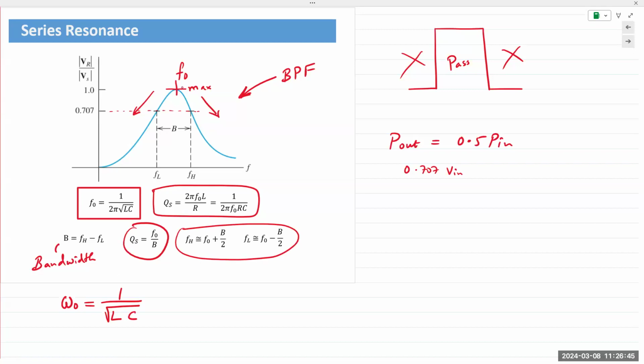And then FL and FH can simply be described in terms of the bandwidth and the resonant frequency, right? FH is about half a bandwidth above F0 and FL is half a bandwidth below F0, spaced equally apart. But in order for that to happen, the quality has to be high, at least 5 or larger.